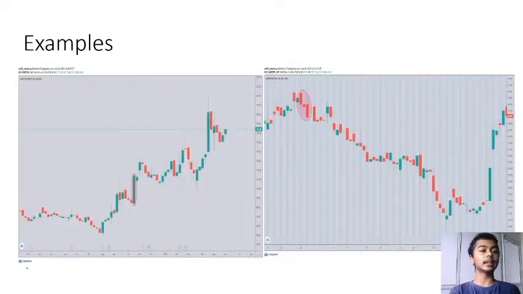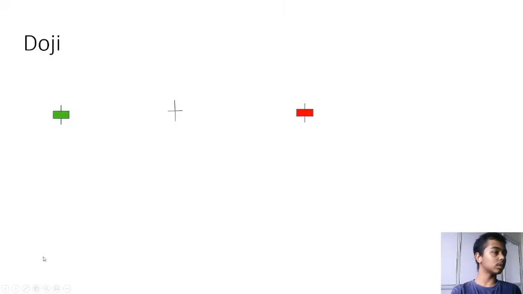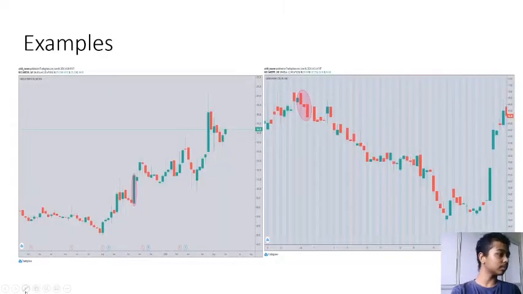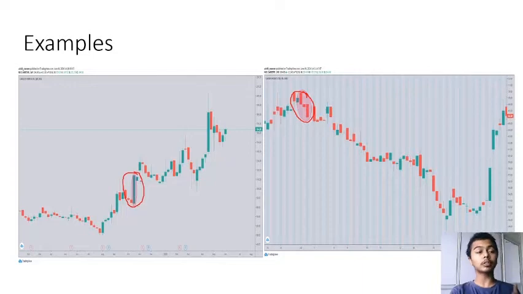Alright, so examples of this, as you can see over here, there is the bullish Marubozu candle, and over here is the bearish Marubozu candle. So this indicates the buying pressure, and we expect it to continue.